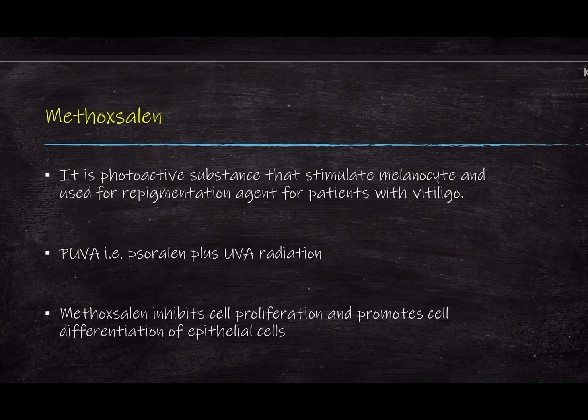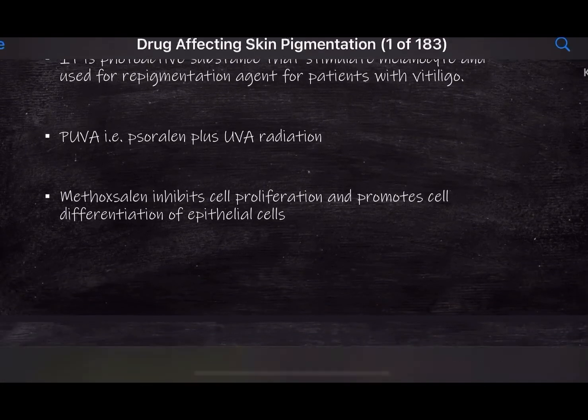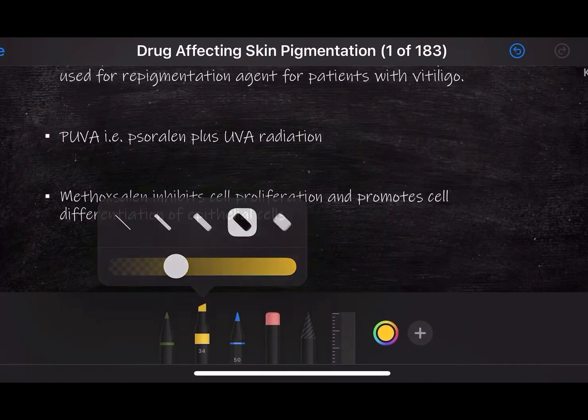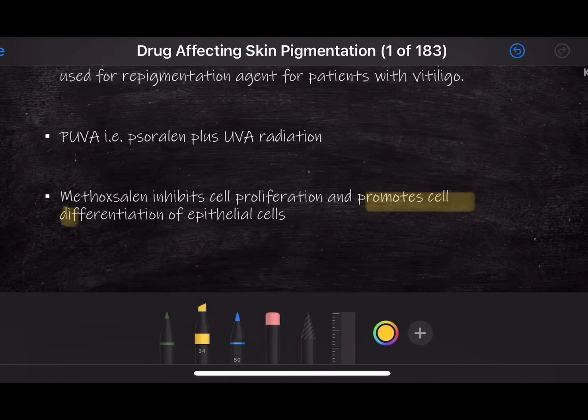Methoxyline inhibits cell proliferation and promotes cell differentiation of epithelial cells. So what is the mode of action of methoxyline? It inhibits cell proliferation and promotes cell differentiation of epithelial cells.